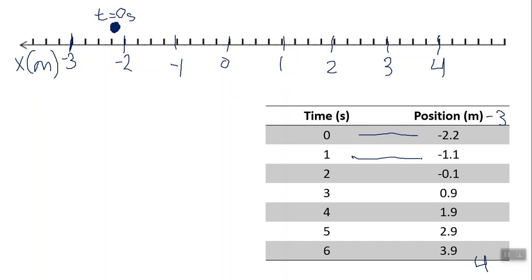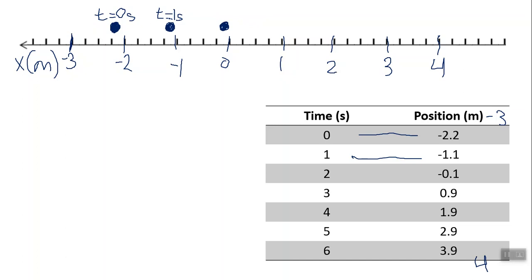So now if we move on to our next one, at 1 second, it was located at negative 1.1 meters, about here. So that's going to be time is equal to 1 second. Next one, we're at negative 0.1 right here. Now the beauty of a motion diagram is that these dots have to be shown at equal time intervals.